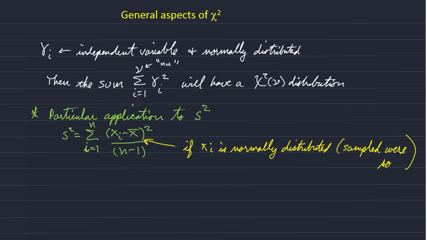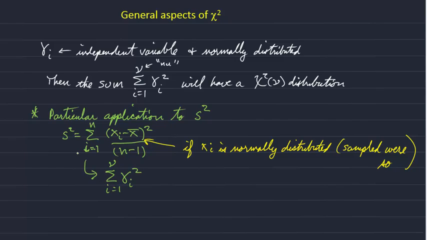Then you can see the similarity of this equation with the equation I just wrote to describe the sum of squares of our independent normally distributed variable gamma. So that looks very similar, right?